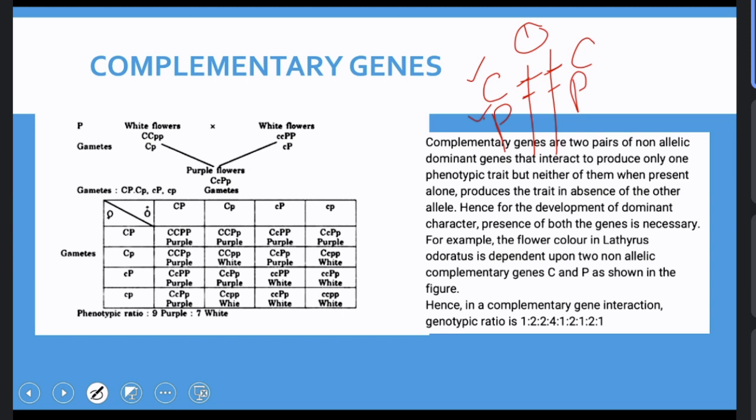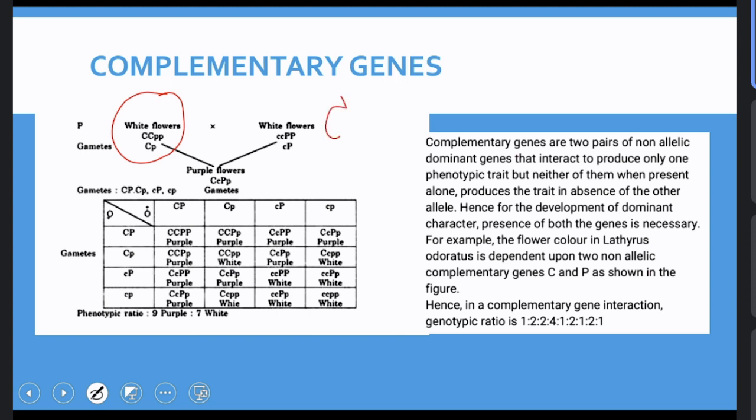According to the scientists, the parental generation shows white flowered plants with capital C, small p, and another plant showed small c, small c, capital P, capital P genotype.